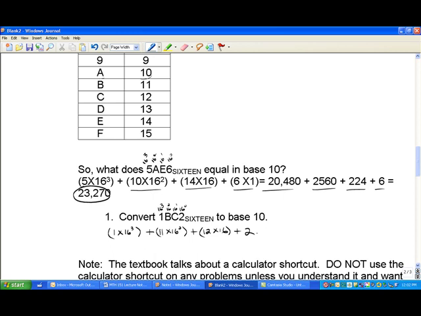So 16 cubed is 4,096 plus 16 squared is 256 times 11, 2816. 12 times 16 is 192 plus 2.